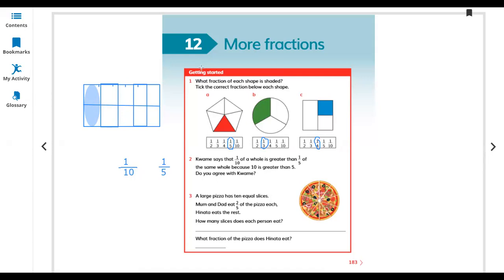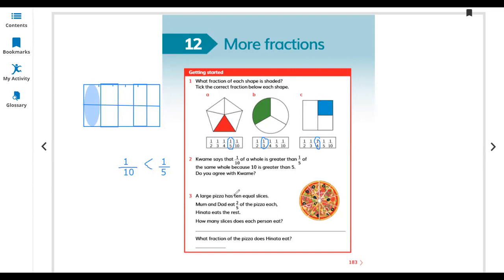So 1 by 5 as a whole is greater than 1 by 10, not equal. Obviously, it's not equal. We can write it here: 1 by 5 is greater than 1 by 10. Now, if it's 2 by 10, then we can say both are equal. But 1 by 5 is greater than 1 by 10.